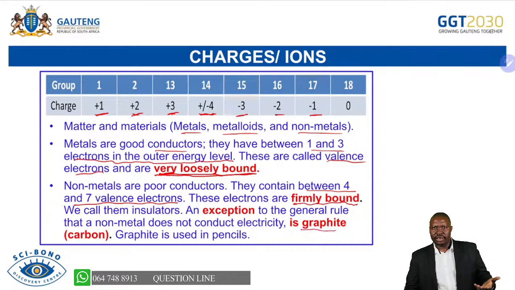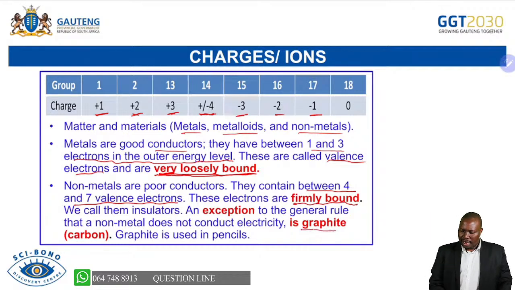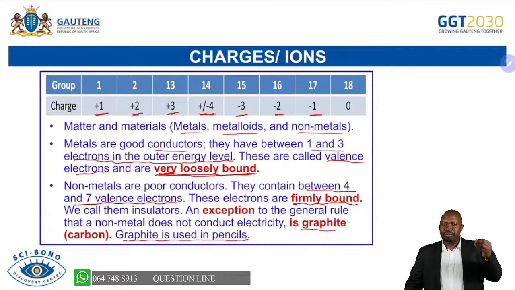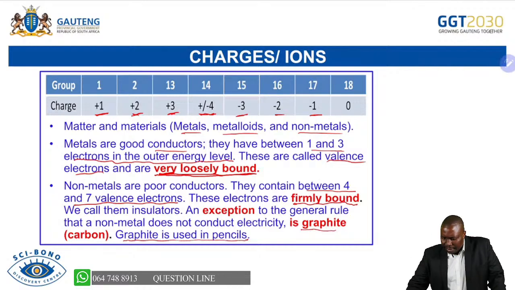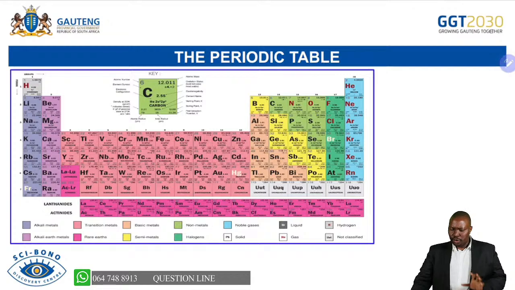You'll see when you do electrolytic cells, you'll be using a lot of carbon as your electrode there. So the graphite that we use in pencils as well, that is your carbon. So you got to know that we have a carbon which is very special because it's able to conduct electricity, but it's a non-metal.